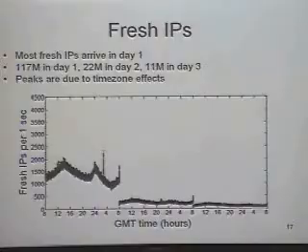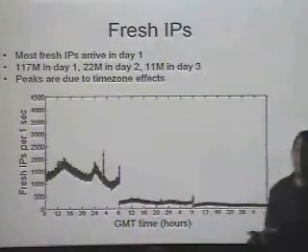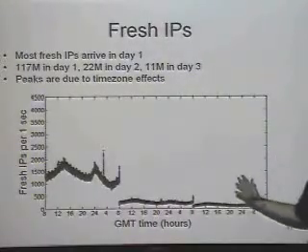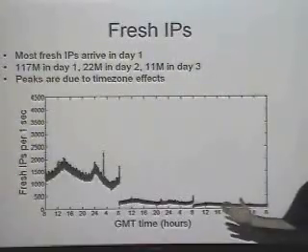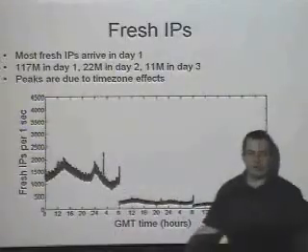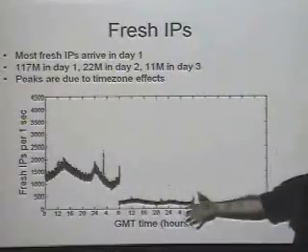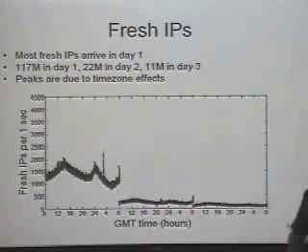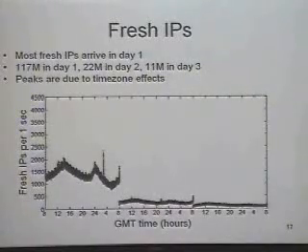What this tells you is that we have roughly 180 million distinct IPs observed over the course of 3 days, and 80% of them are observed in day 1, and then there's a significant drop in day 2 and day 3. It is good news, and expected, assuming computers are turned on, knowing that the mean time between 2 polls is 20 hours. You should expect to see a majority of IPs in a day.